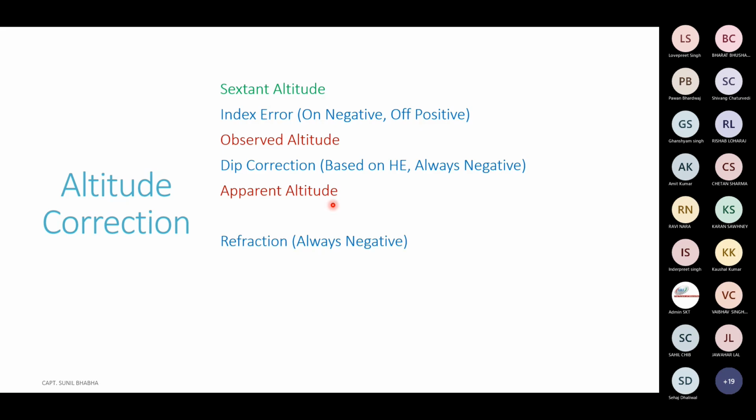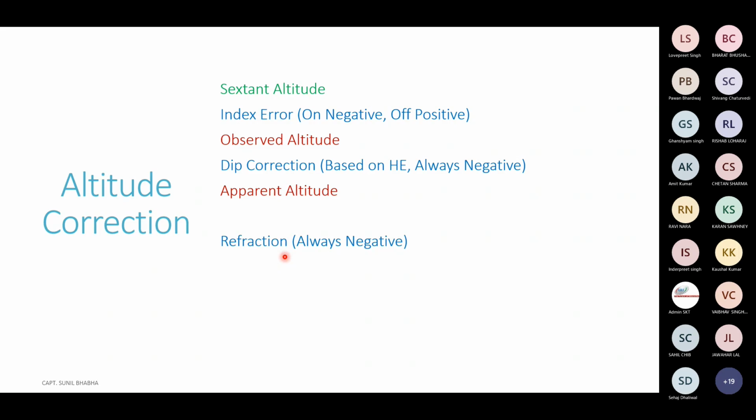Now to the apparent altitude, we have to apply 3 more corrections. The first one among them is the refraction correction. The refraction correction is basically due to the refraction of the light through the atmosphere.